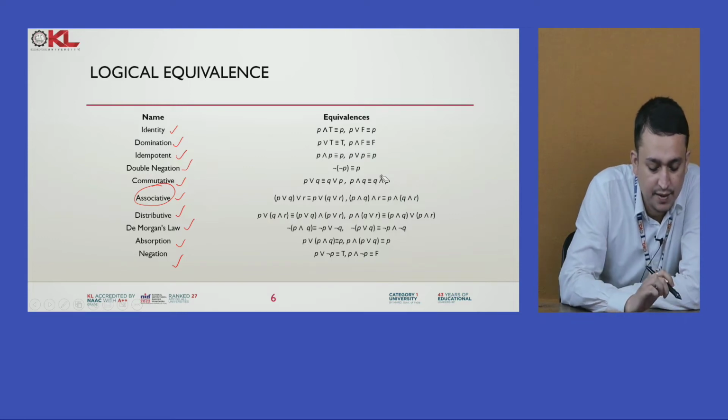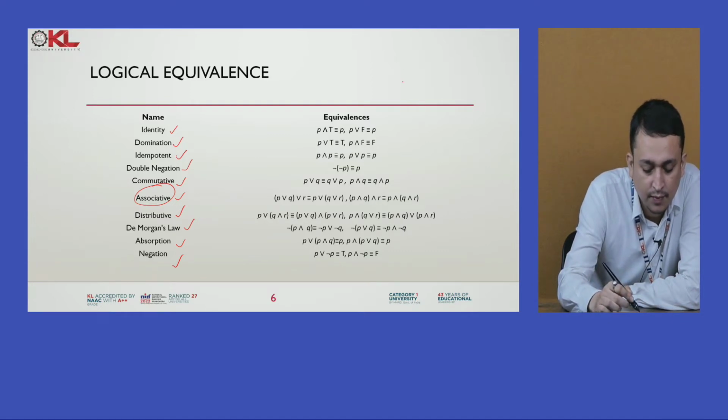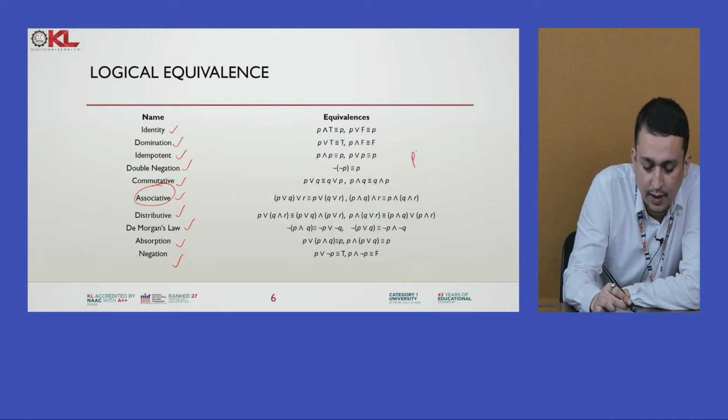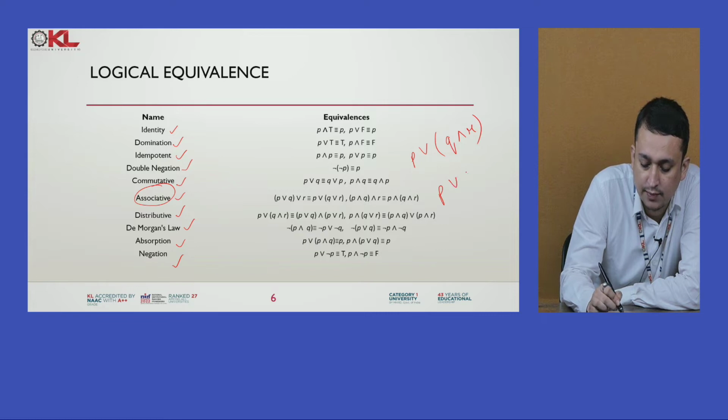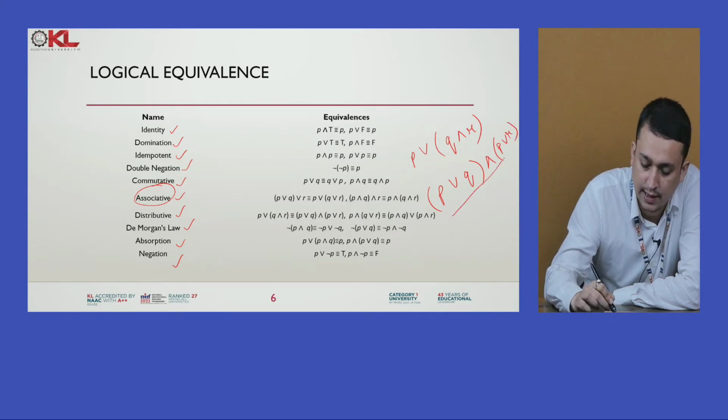Now the property distributive. In the property distributive, if you are writing P disjunction Q R, then we can write, okay, we can write like this.